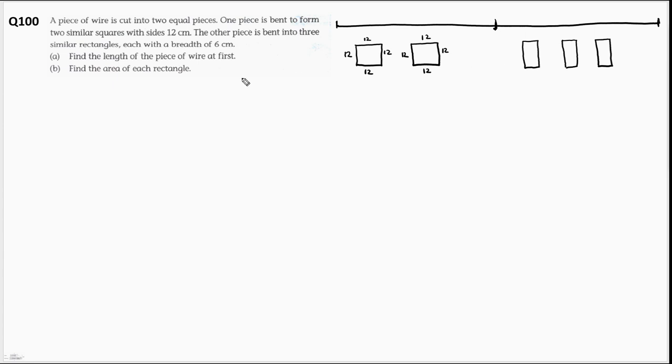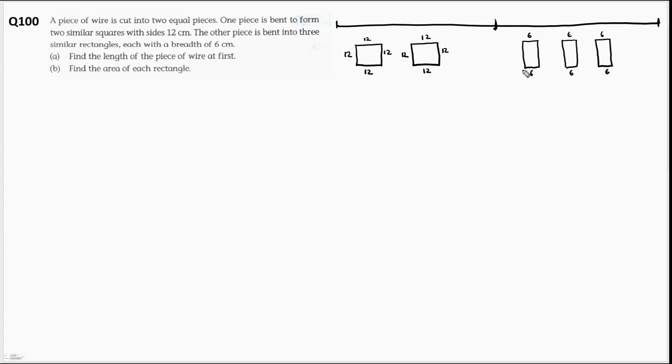And what is meant by the breadth? Well, the breadth is the short side. So they each have a breadth of 6. I'm not going to draw in the units. So that's 6, 6, 6, 6, 6, and 6.